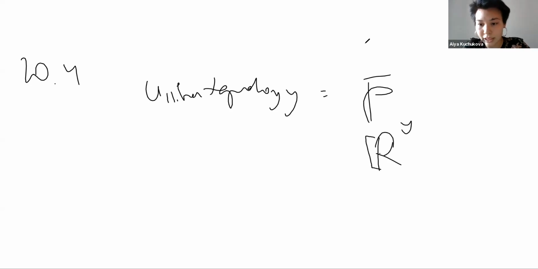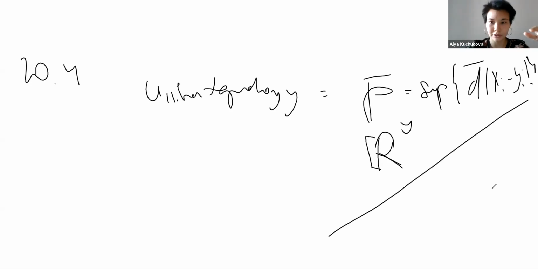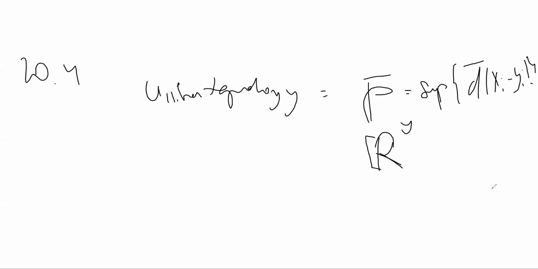So it has a little bit more of a complicated definition, which is, I think, the supremum of d bar(xi, yi). Yeah. So that was the definition of the uniform topology.